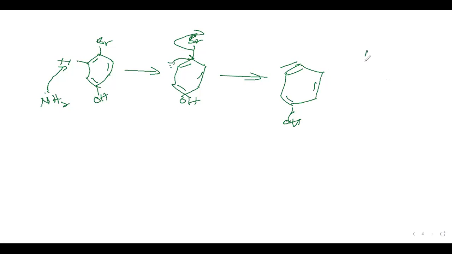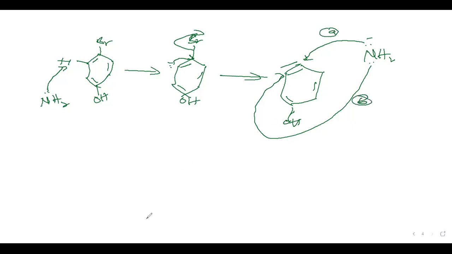Now, the benzyne can be attacked from two angles. It can be attacked from here, that's the para end, and it can also be attacked from here. Assuming this one is A and this one is B, if it's attacked via the A area, we are getting something like this.